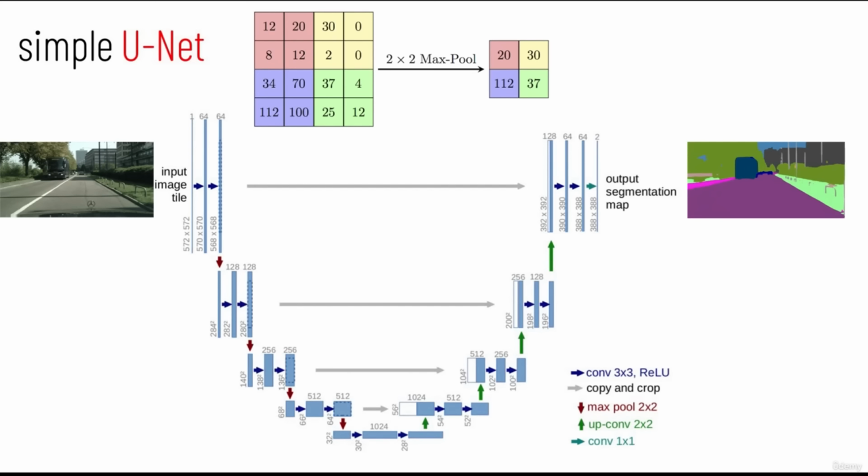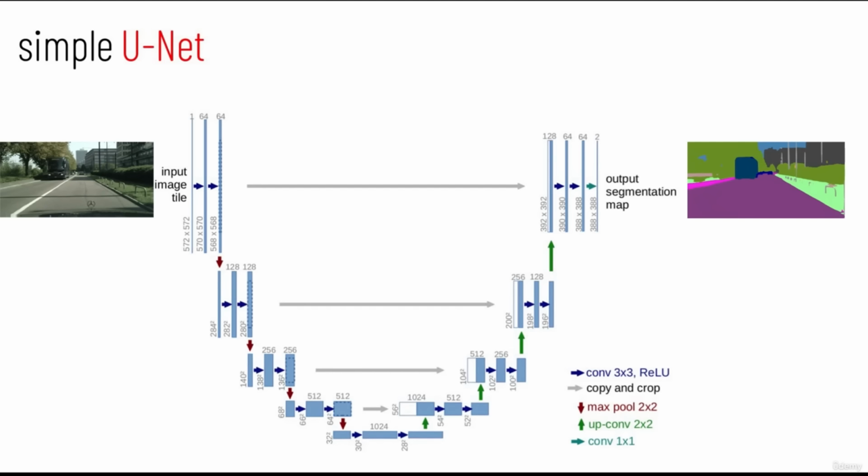This layer doesn't have any trainable parameters, which means it will not increase the size of our network compared to the convolutional layer. And you should know that the convolutional layers inside this simple U-Net have many kernels, or many filters.